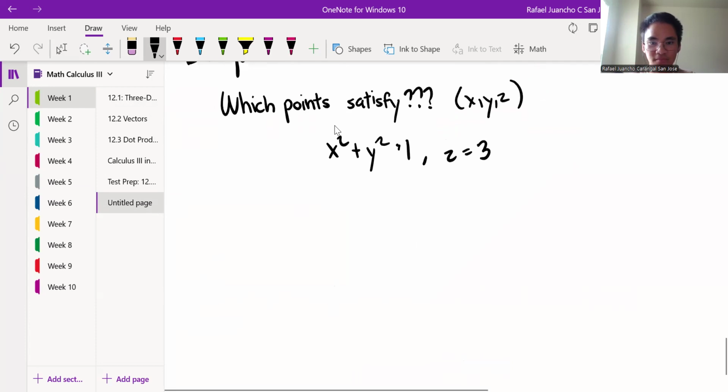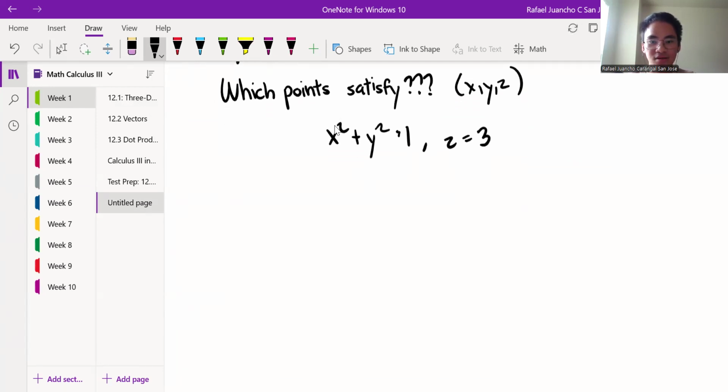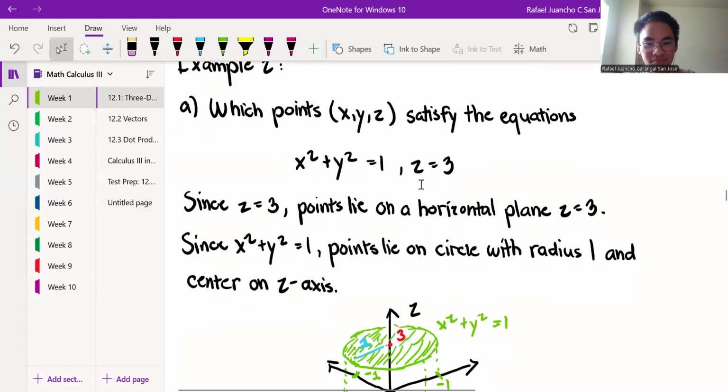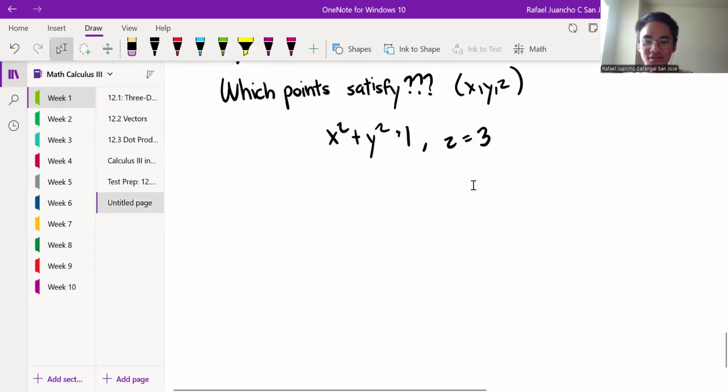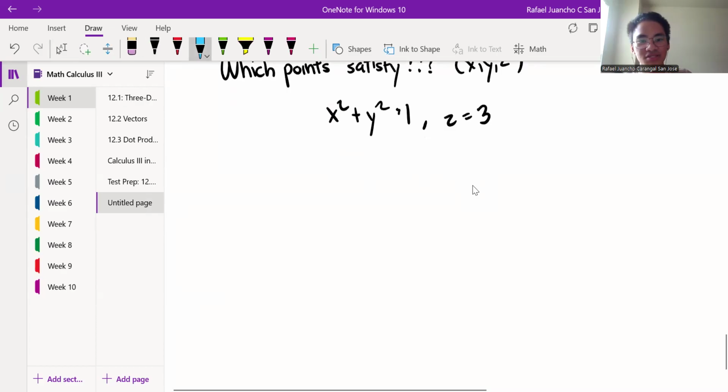Right? Now, how do we do that? Well, here's an explanation. Since z is 3, actually, let's draw it out. Usually when we see something like this, we draw it out.